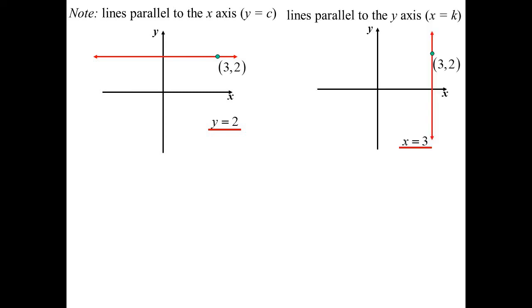Vertical lines, a bit harder to see how the y equals mx plus b comes into it, but you can get it from this. So x equals k. So x equals some constant. In this case, it would be x equals 3. How on earth do we get y equals mx plus b from that? I mean, the slope is infinite. Well, sometimes we think of infinite as 1 over 0.